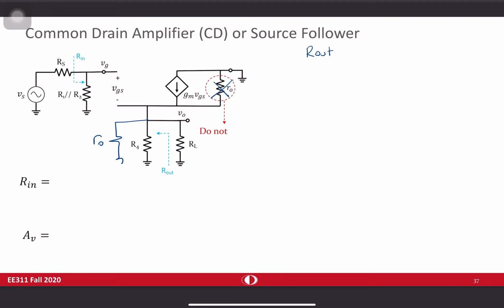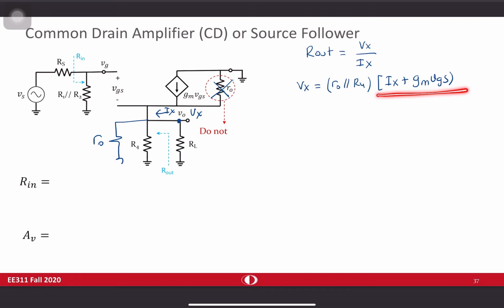So what I'm going to do is apply Vx in here and try to find Ix passing through here. So Rout is in fact Vx divided by Ix, and Vx is R0 in parallel with R4 times Ix plus Gm VGS.